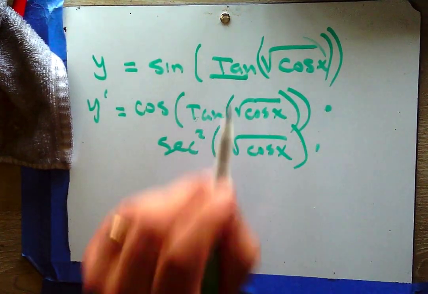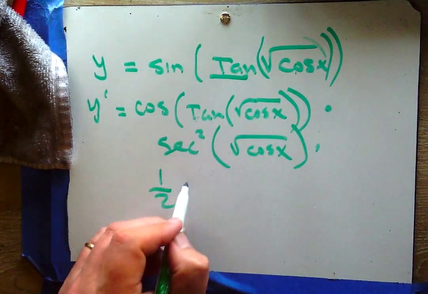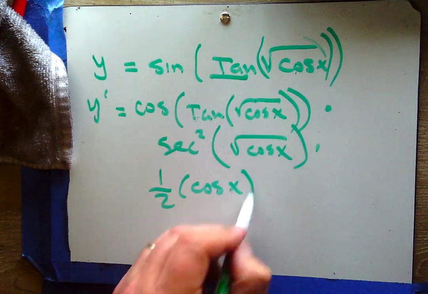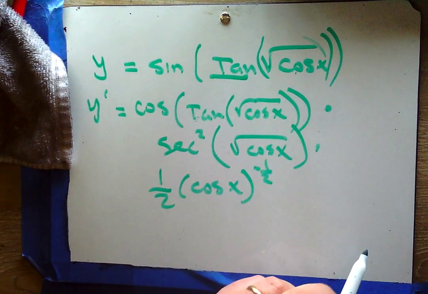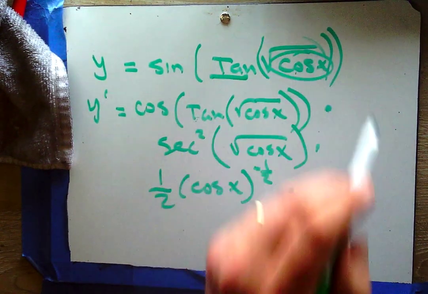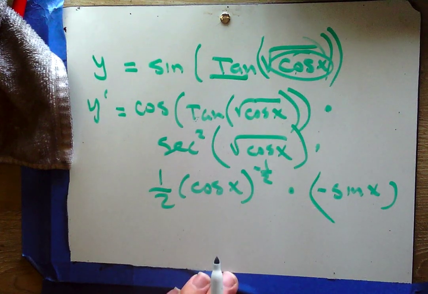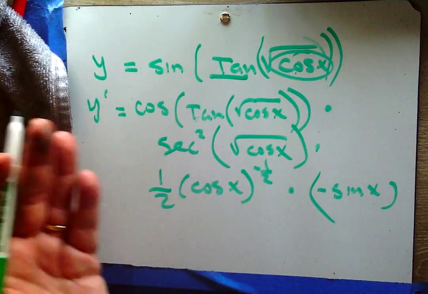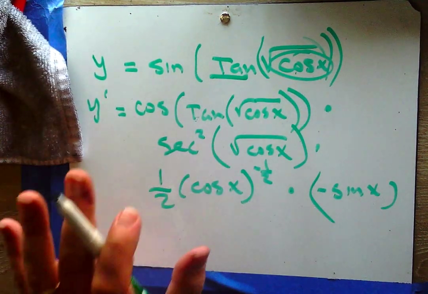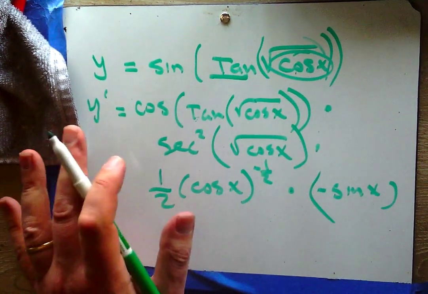Times, now the next innermost function is not cosine, it's the square root. 1 half, leave the inside cosine alone. Don't forget that minus 1. And then finally, times the derivative of the innermost function, minus sine x. No problem, piece of cake. You need to practice these until they become no problem, piece of cake.